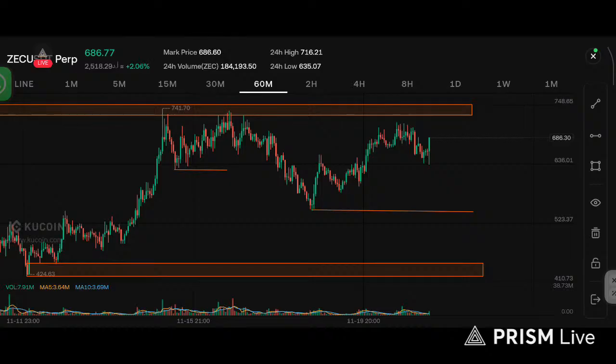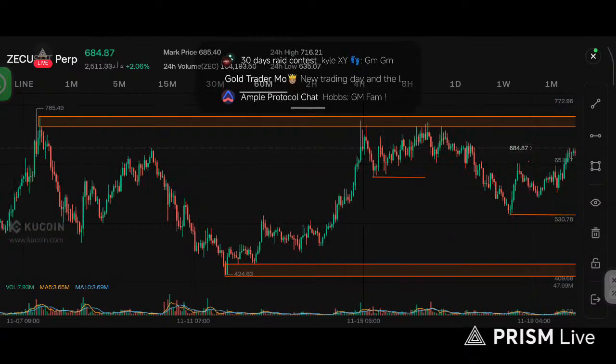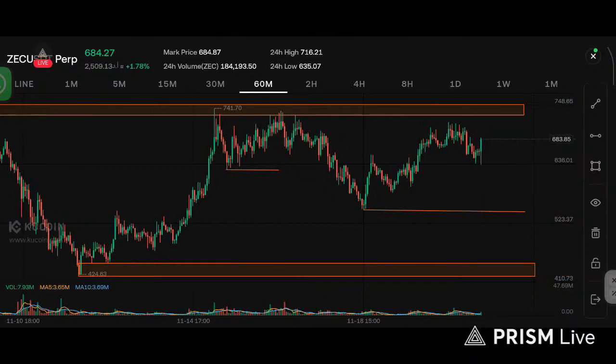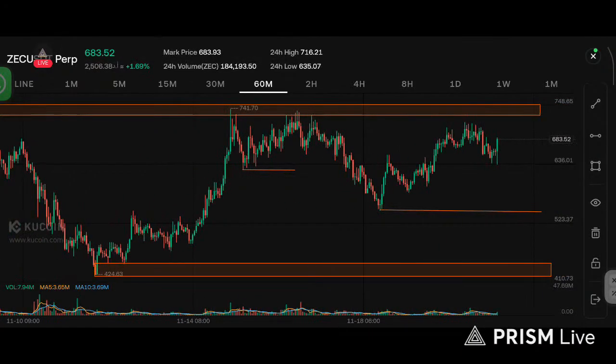It swept this previous low. So we can continue checking it out. You see, this is our previous low.